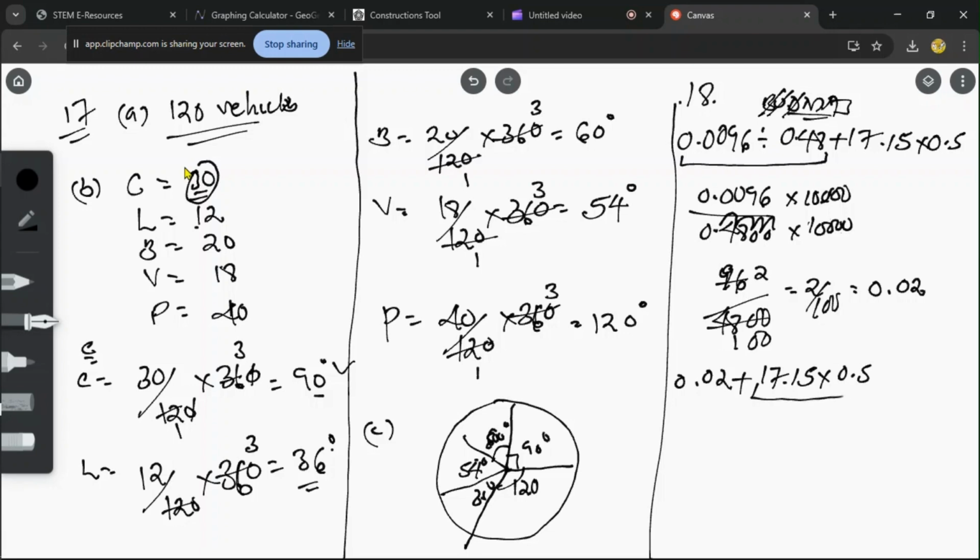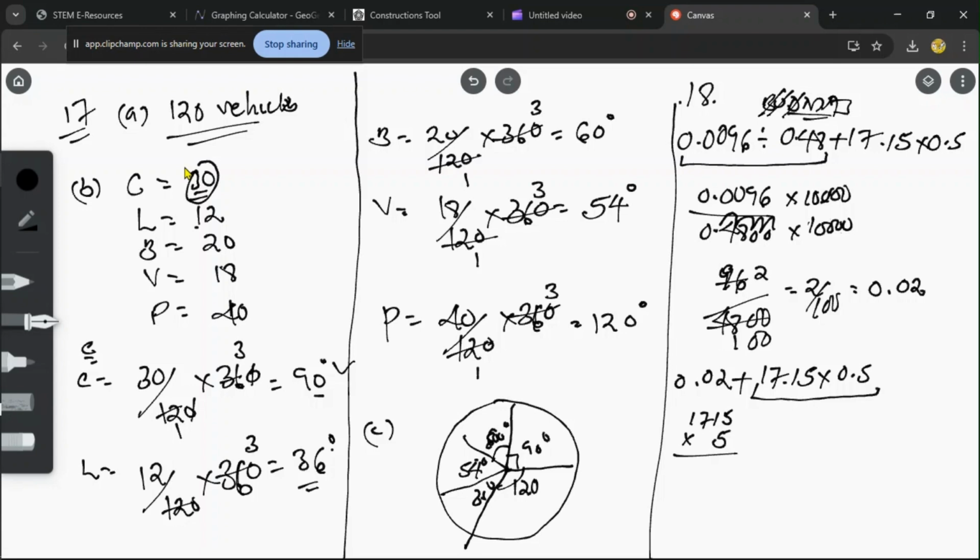I do the same thing here. If I take 17.15 multiplied by 0.5, I'll just take 17.15, multiply by 5, then I'll put all the decimal places, 1, 2, 3.